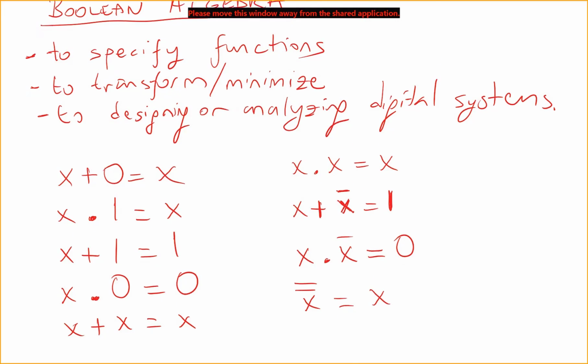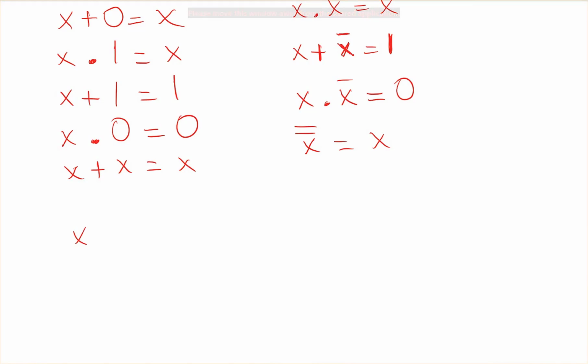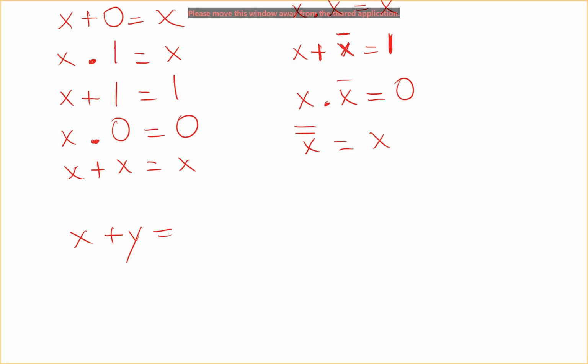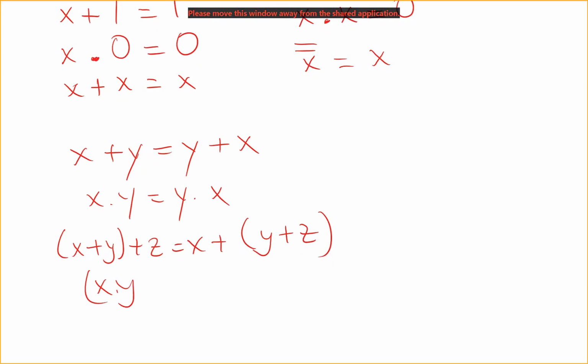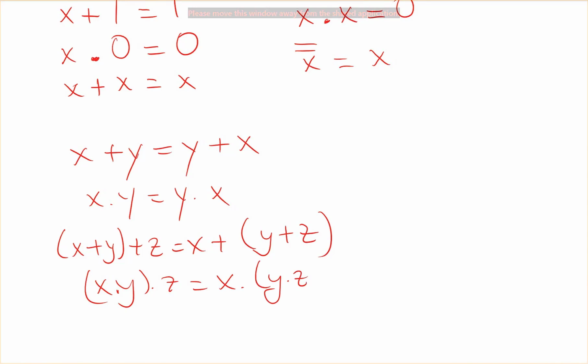Another property: if I OR variable x with y, it is the same as y OR x. So x and y is equal to y and x. If I have x or y or z, this is equal to x or y or z, grouped either way. If I have x and y and z, this is equal to x and y and z.